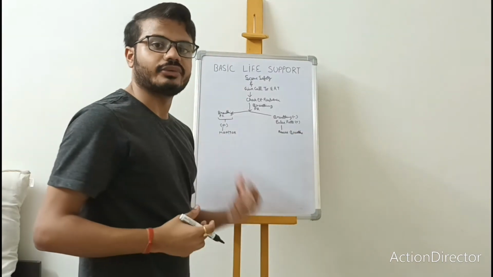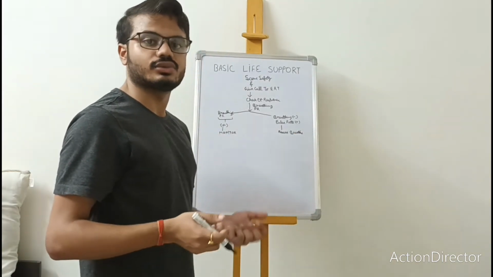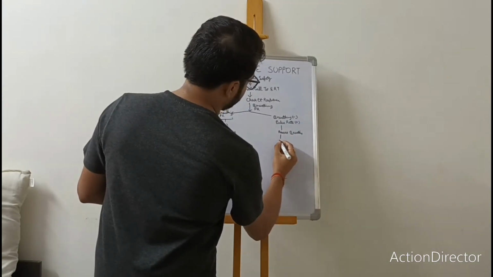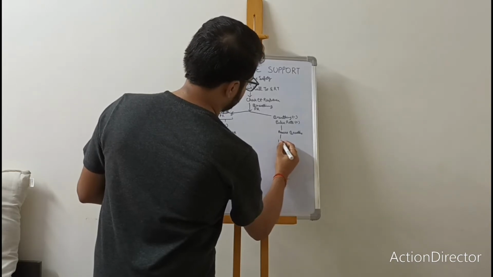What is the rate of rescue breaths? You need to give one breath every 6 seconds.